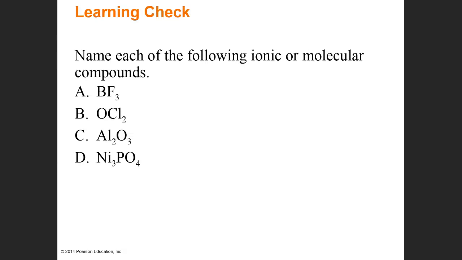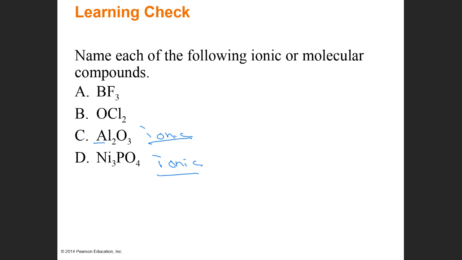C is ionic because of aluminum. So you want to look for metals if it's ionic. Any other ones that are ionic? See any other metals? Oh, Ni is nickel, so D. Nickel, that's ionic, right?